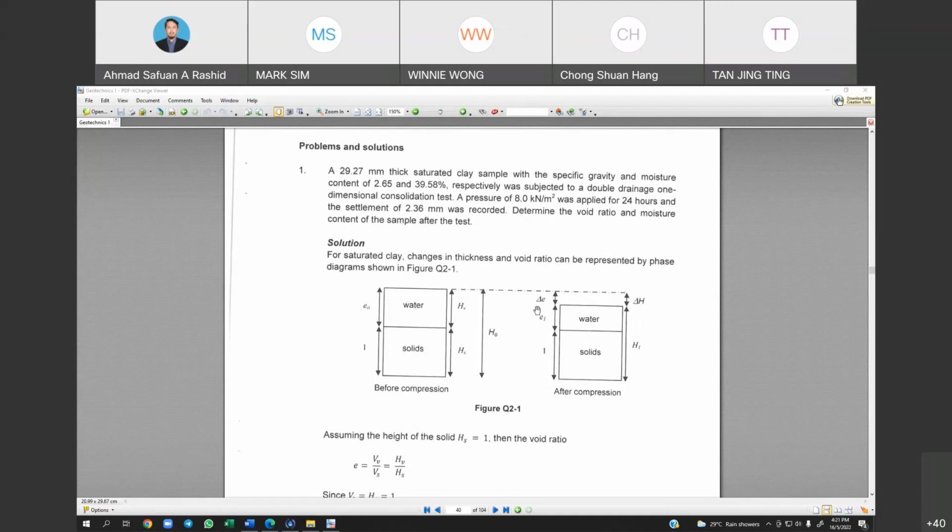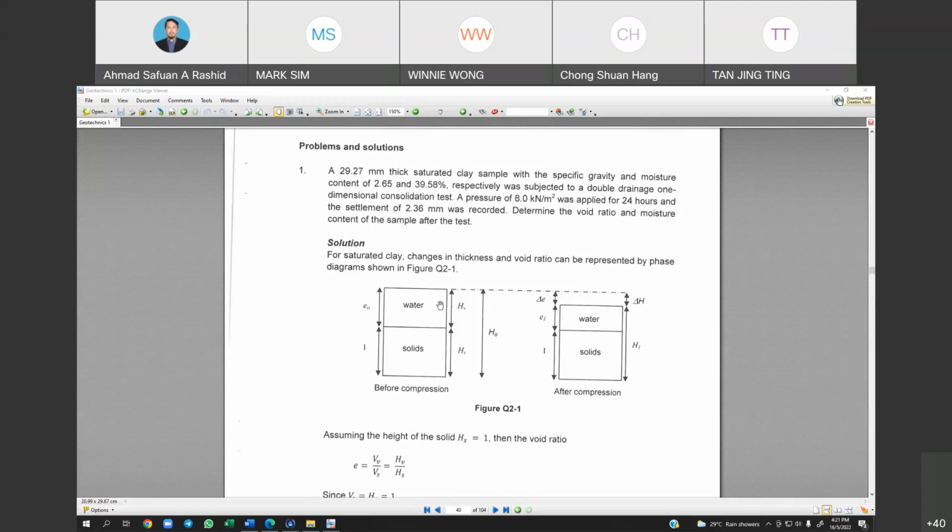Delta e is the change of the void ratio, and delta H is the change of the height of the sample. E naught is the initial void ratio. Because the soil is fully saturated, there are no air contents, no air voids.